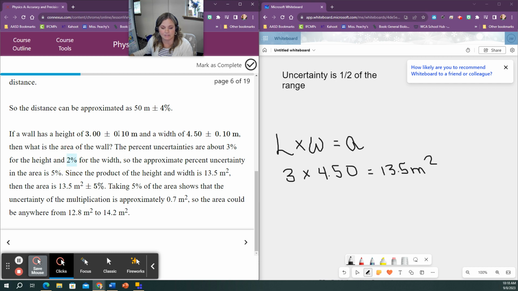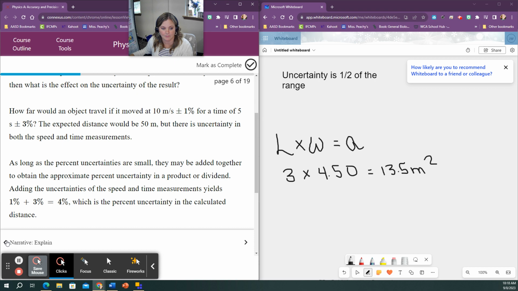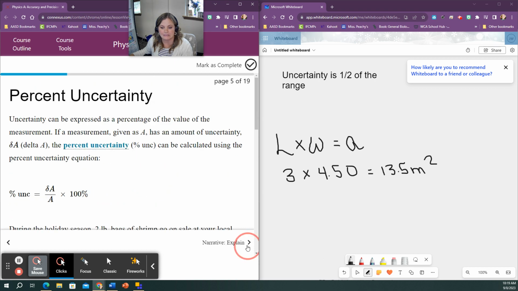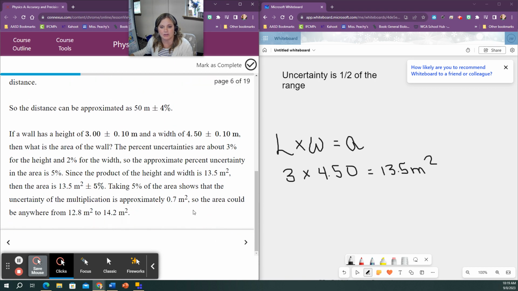So the person, whoever did this problem, used the formula that we did in the previous slide to get the percent uncertainty, and then you just add those percents together. So it ends up with a 5% uncertainty. Okay. And again, that means 5% of 13.5.